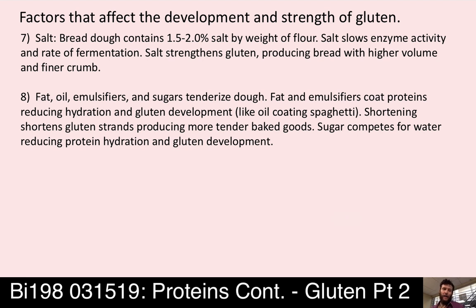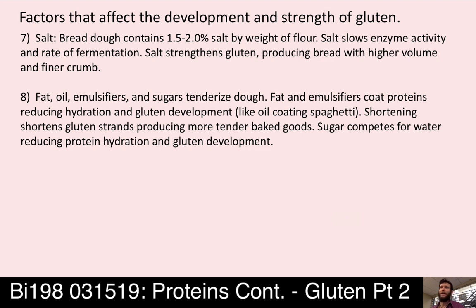And then the last couple of factors. The presence of salt. Salt is going to strengthen gluten, much like the hardness of water. Just like the calcium and magnesium in the water, the sodium in salt is also going to affect that. But salt, on the other hand, also slows down the yeast.